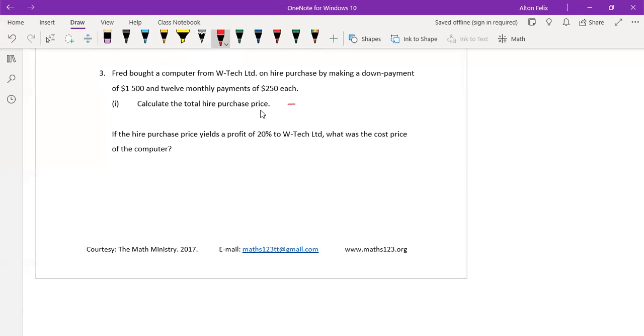So the total hire purchase price will be the down payment of 1,500 plus $250 multiplied by 12. That's 3,000 plus 1,500, so that's 4,500 in all.